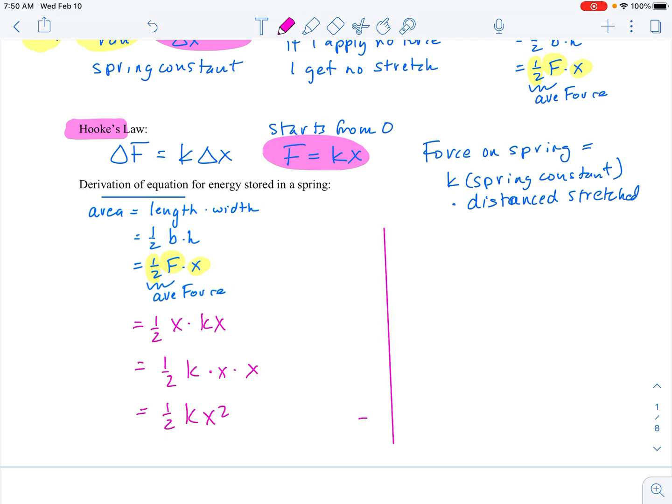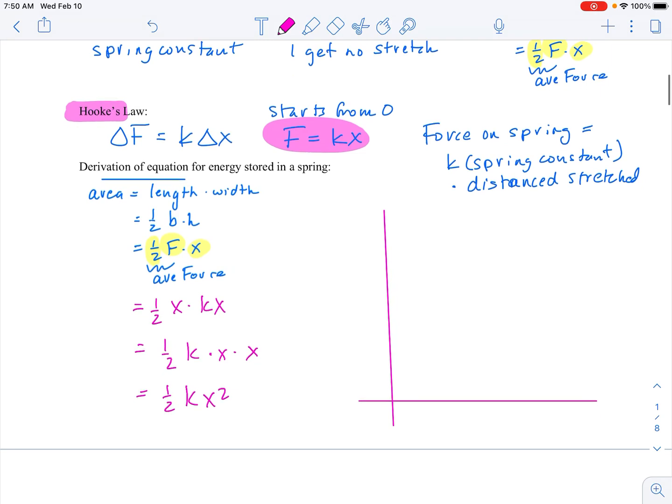So, as an example, if I had a spring with a constant of 10 newtons per meter, first of all, I could make a graph of that. Let's say that this is 0.1 meters, 0.2 meters, 0.3 meters, 0.4 meters.